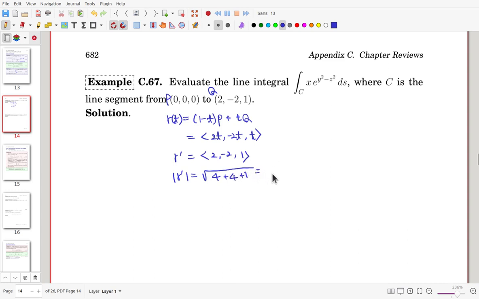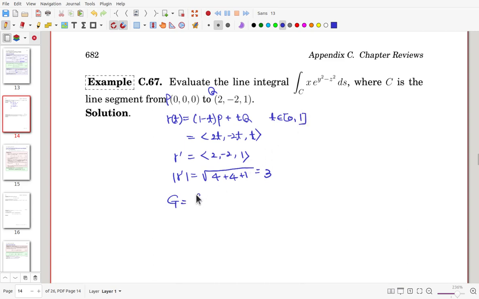So it is the square root of 9, which is 3. Okay, we found the scaling factor is 3.